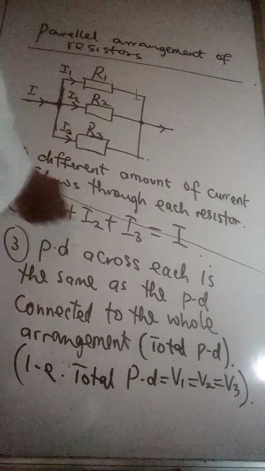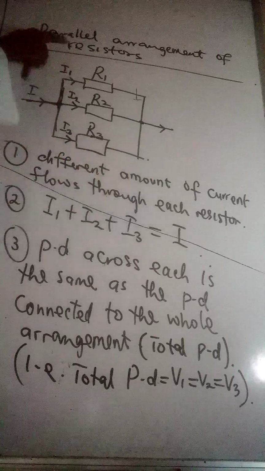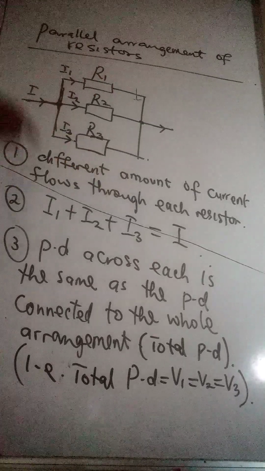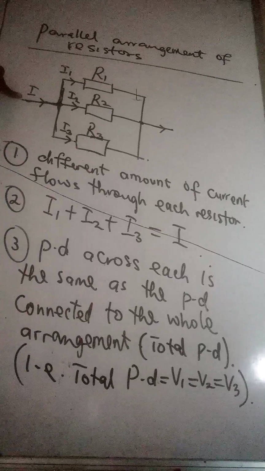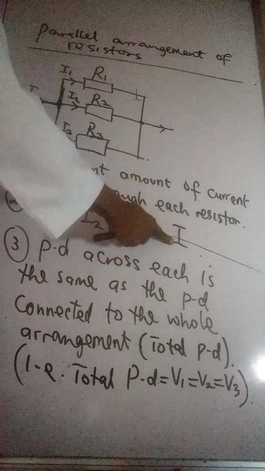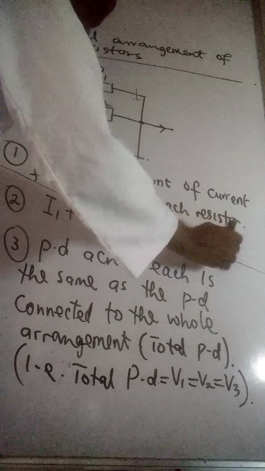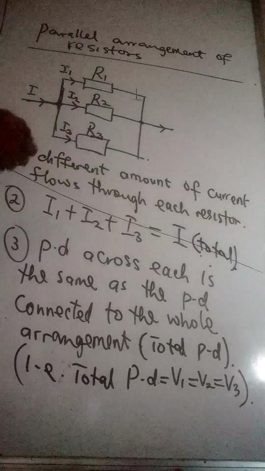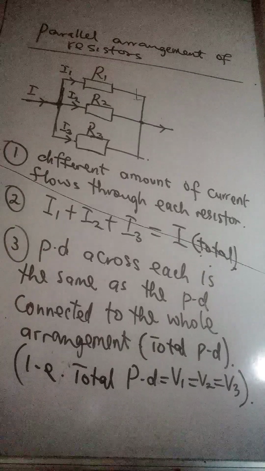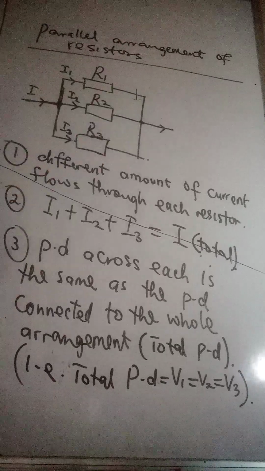The second thing you need to know is that by the time you add up all the current together, the current in each resistor, I1, I2, I3, when you add them together, it will give you this I that is coming from the source, which is the total I. Let me put it there. Total. So the total I is the current coming from the what? The potential, the voltage or the PD connected to the whole of this arrangement.